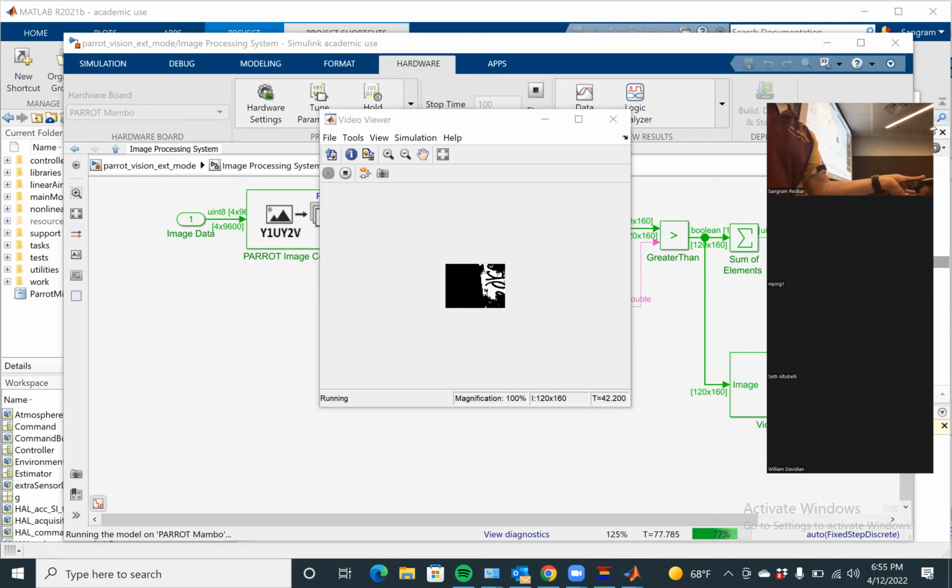Now what is happening is it's actually seeing red, but because of the thresholding, the way I have done it, the red is appearing white. That is because of the thresholding that is done.